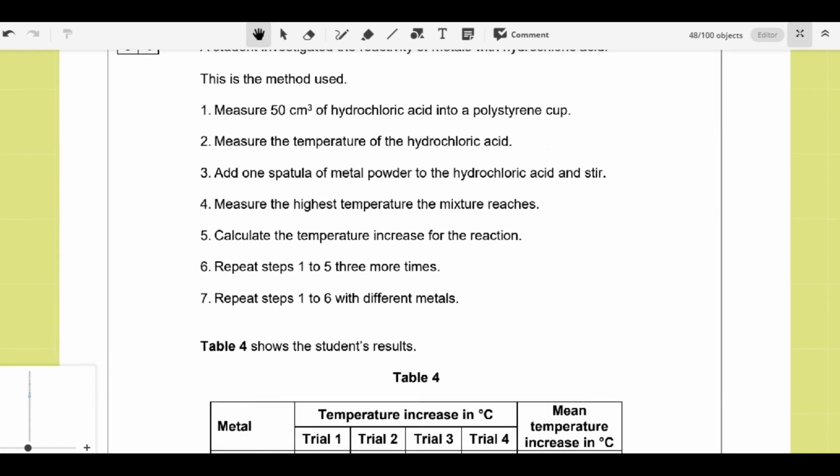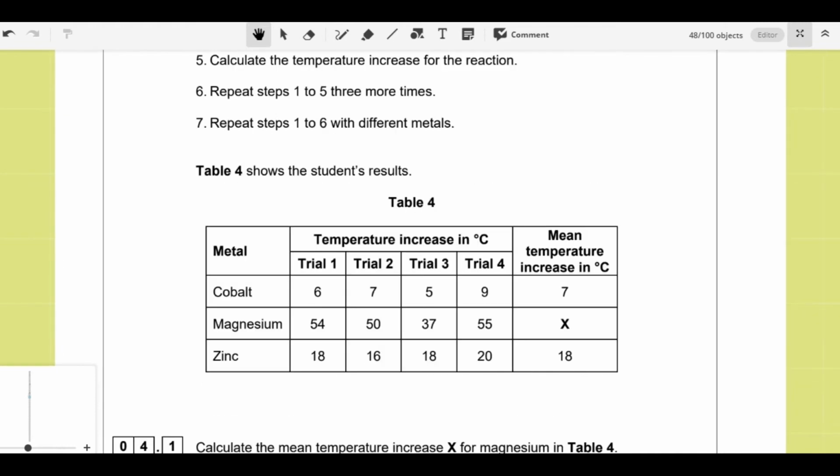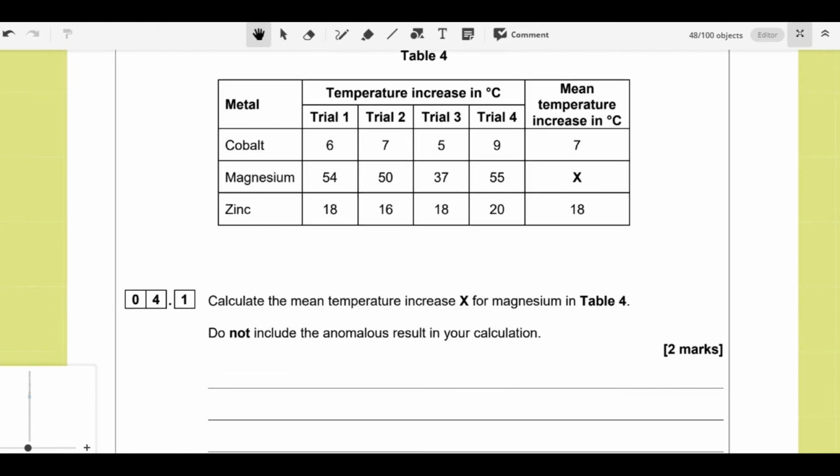Okay, next here again all the instructions are given, and the table is also given here. Now calculate the mean temperature X for magnesium in table 4. You can see the mean temperature here, but you have to take the closest temperatures.